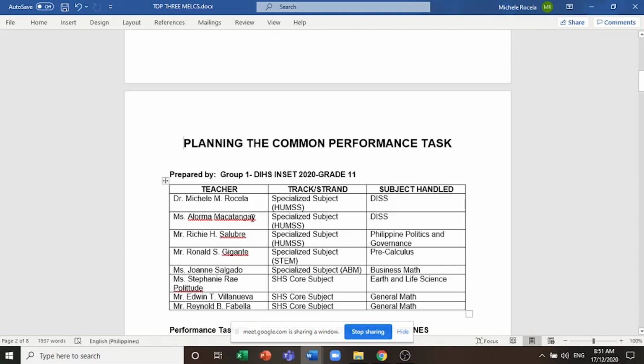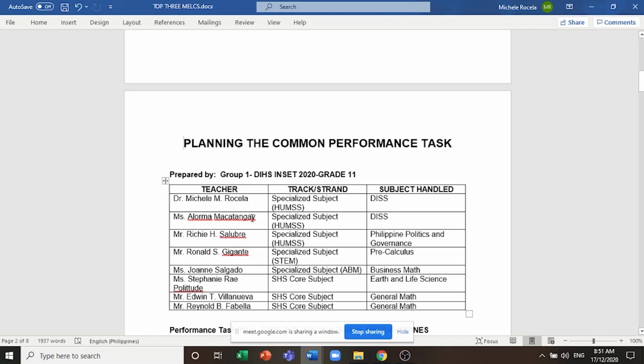Because we have Earth and Life Science, the students could focus on child labor involved in mining, or child labor that endangers the life of children or youth, like those engaged in the firecracker industry, etc.